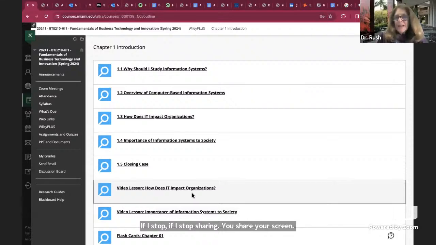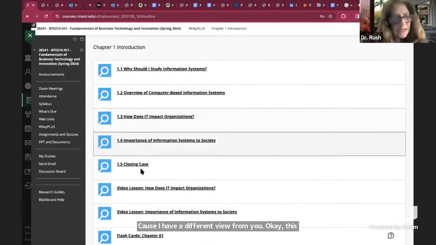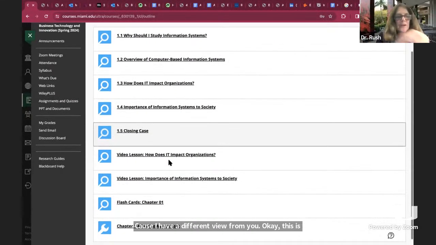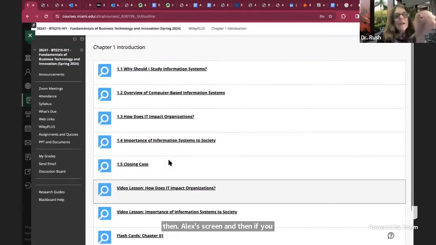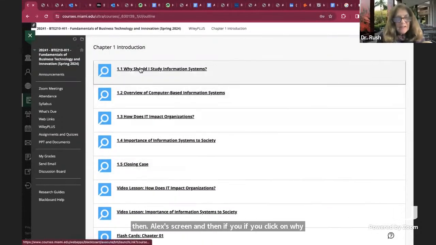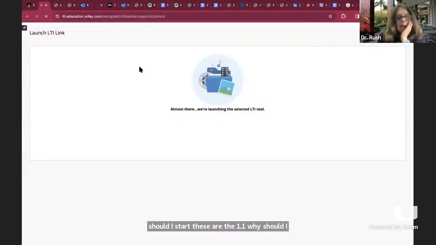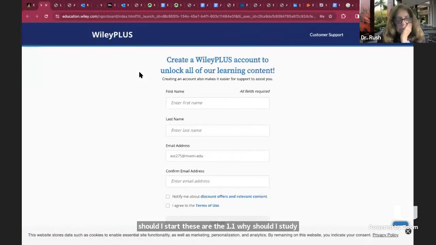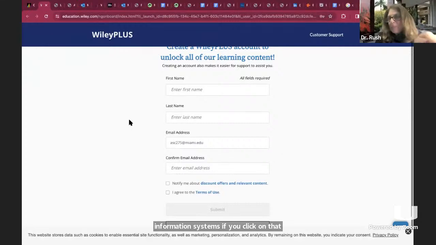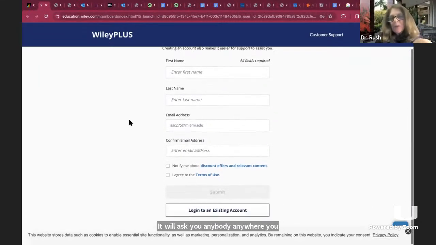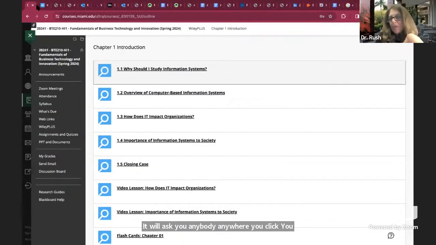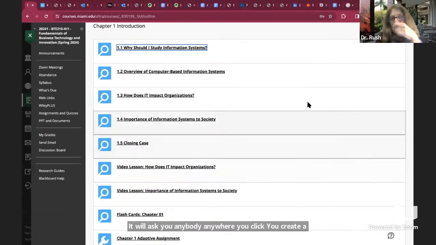Okay, this is then Alex's screen. And if you click on why should I study, these are the 1.1, why should I study information systems? If you click on that, it will ask you, anywhere you click, you create a Wiley Plus account there. You see that, Alex?